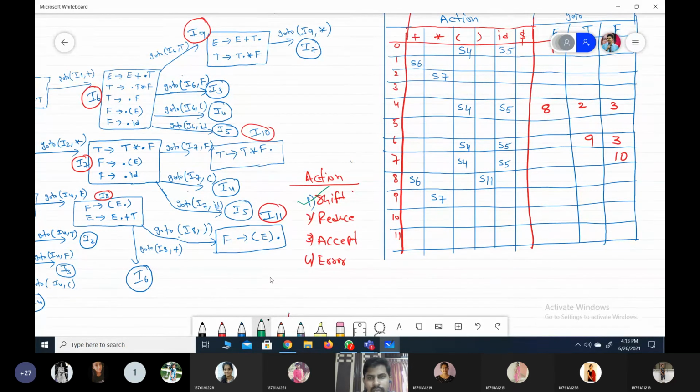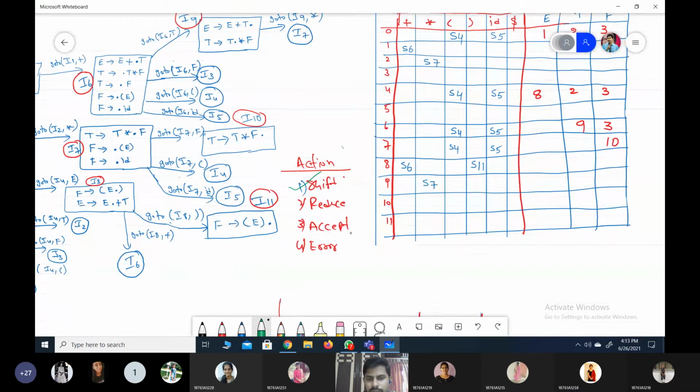Tell me the follow of E, follow of T, follow of F symbols. We already completed this grammar in the previous class. Follow of E is dollar and closure parenthesis.